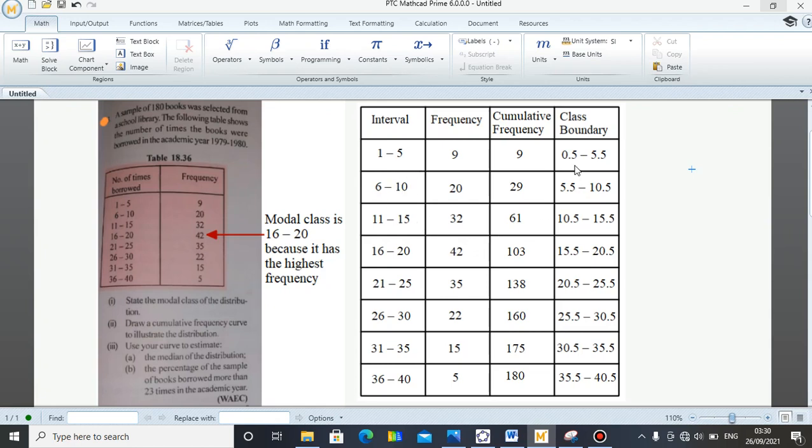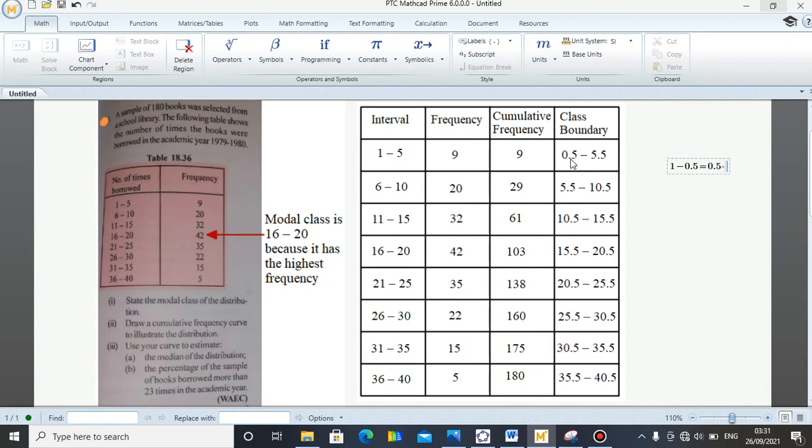Then one thing you need to know is, how do we get the class boundary column here? All you just need to do is, all the lower intervals here, you subtract 0.5, just like this. We say 1 minus 0.5, you can see it here. So when you subtract 0.5 from each of them, you will see your result, which is equals to 0.5.